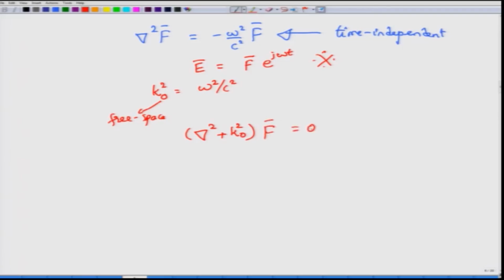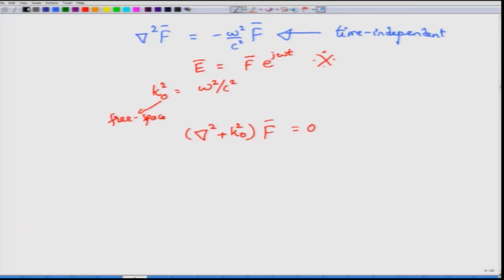In this equation I have assumed a Cartesian coordinate system, which means that del square will be expressed in Cartesian coordinates and f is a function of x, y and z coordinates. So, so far so good. Is there any further simplification possible?